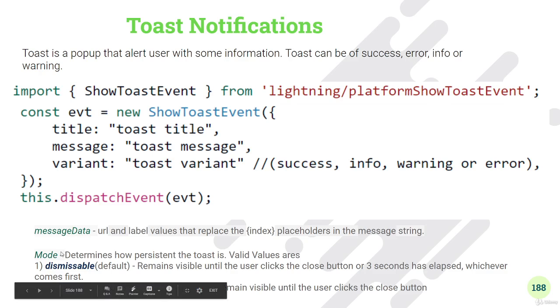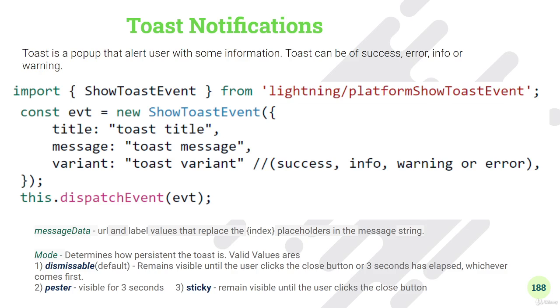Then another property that we have is the mode, because once the pop-up comes onto the screen, the user should have a way to close it, or it should automatically get closed, right? By default the mode is dismissible, which will show the pop-up for 3 seconds, and after that it will go away.